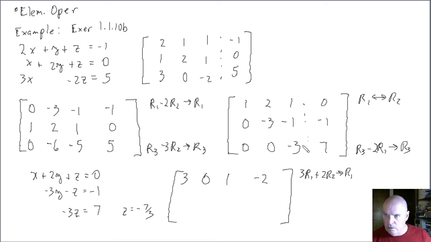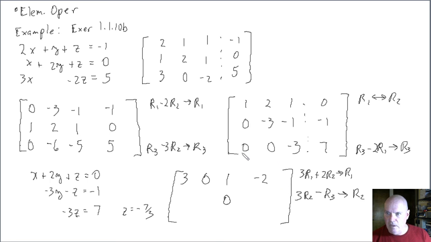For row 2, I want to eliminate the term that's above the minus 3, above the diagonal term in the third row. And I see that I can do that by, again, a pair of combinations. If I multiply this by 3, I'll get a minus 3 here. And if I subtract row 3 to get a new row 2, it'll give me a 0 in this position in row 2.